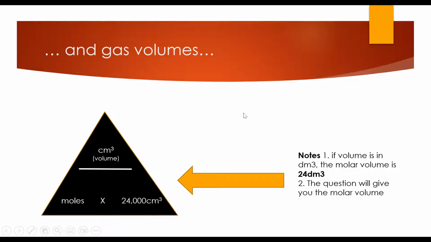And the second thing is that the question will give you the molar volume, because sometimes in KCSE they use 24 and sometimes they use 22.4. 24 is the volume of a mole of gas at 298 Kelvin, that is 25 degrees Celsius. At 0 Celsius, it is 22.4. So they will give you that. You don't have to remember that.